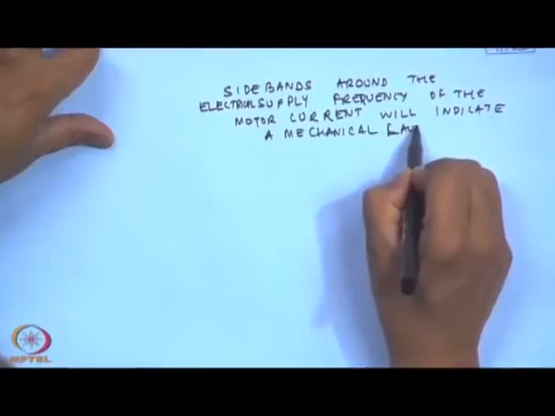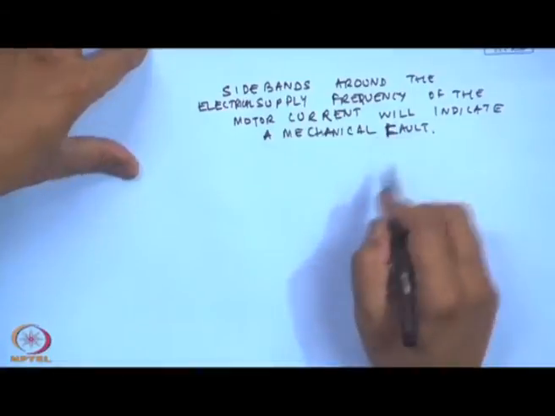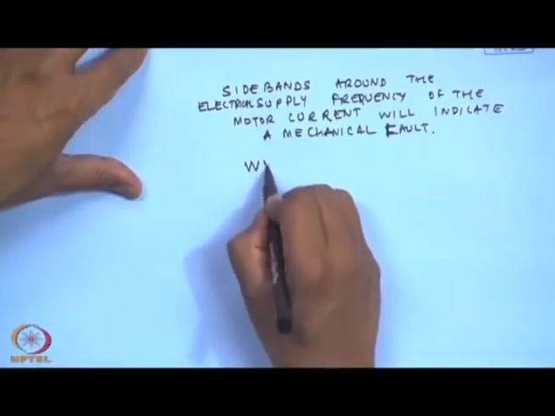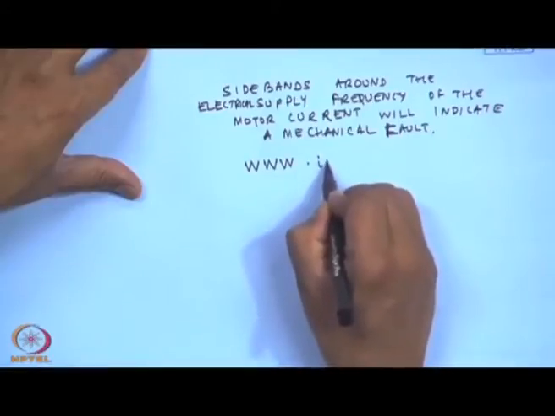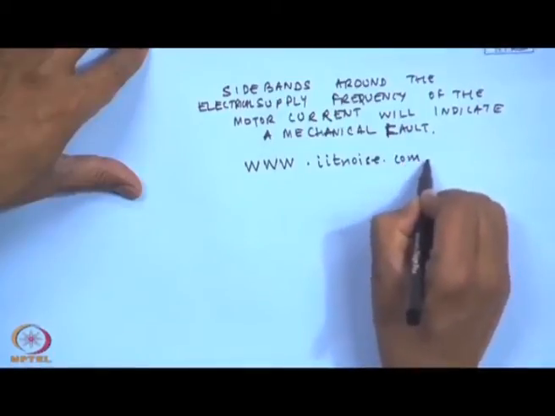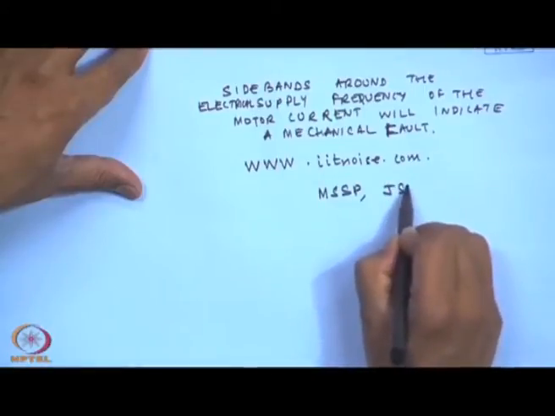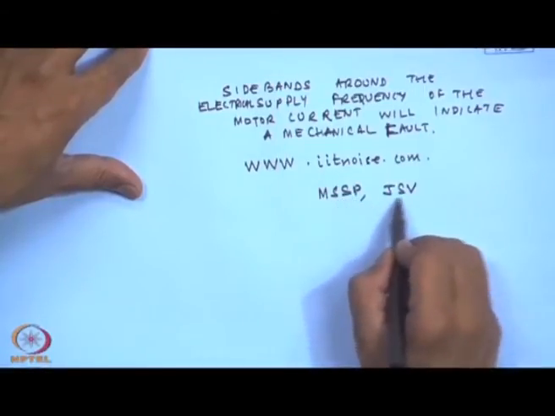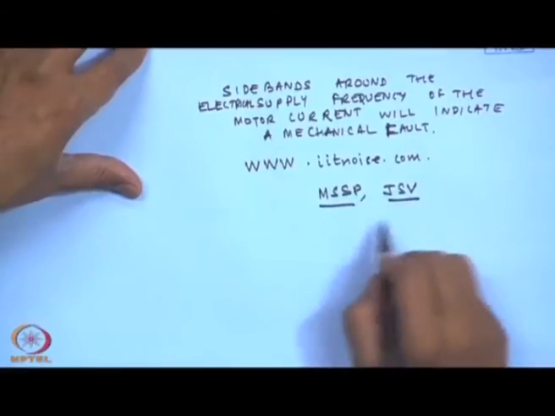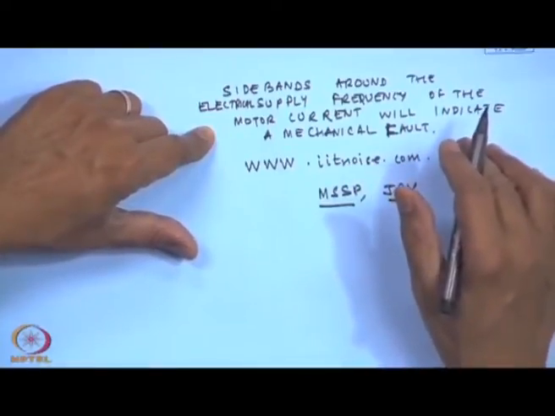This we have successfully used to demonstrate gearbox fault, and more details about this can be found again at my website, and you can refer to some papers in journals like MSSP or JSV, Mechanical Systems and Signal Processing or Journal of Sound and Vibration, my publications, and then you will see how this motor current signature analysis has been used to find out gearbox faults in the laboratory.